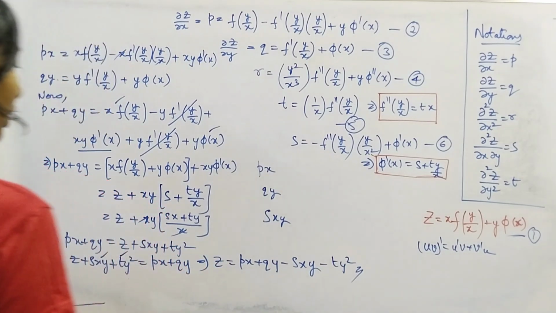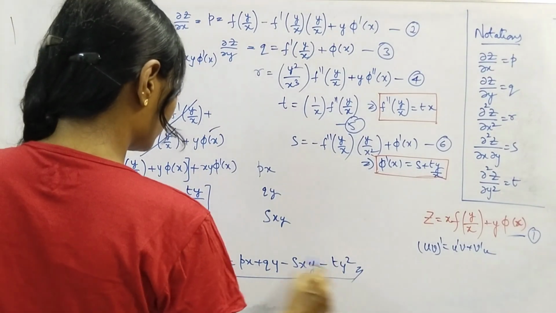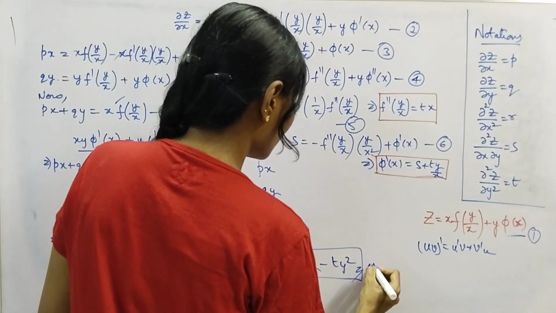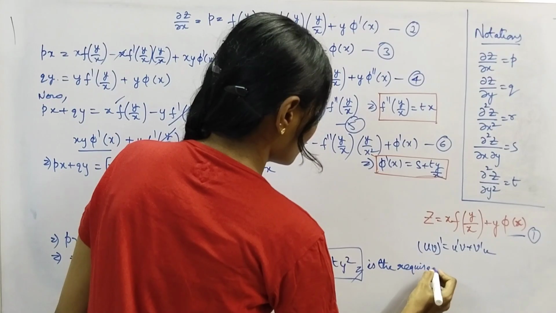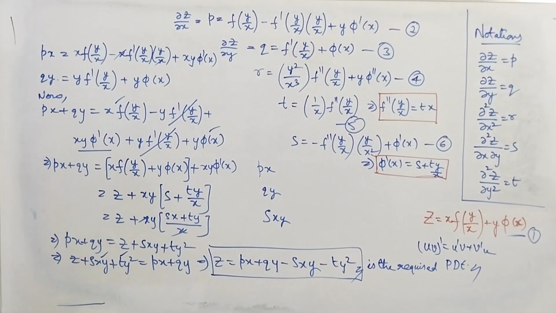Or you can write this as xys minus y squared t, whatever. Just the required partial differential equation. This completes the problem.